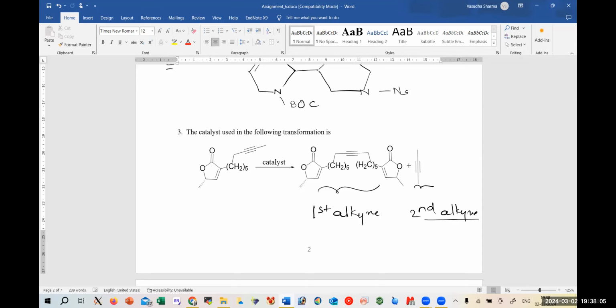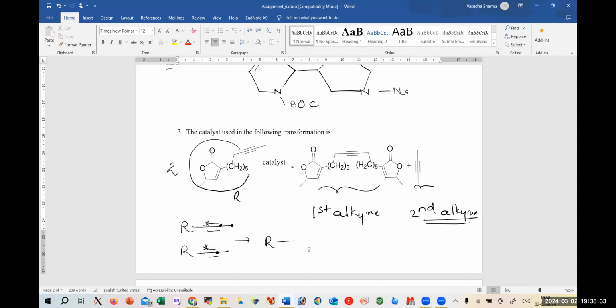So this can only happen when you are taking 2 units of this particular group and they combine together to give you another alkyne and the side product of this alkyne. We have already seen this example, I'm just considering this whole group as R. So if R is here, the other part is CH3, another R I'm taking, which is CH3. Now sorry, this and this would combine, and this would combine.